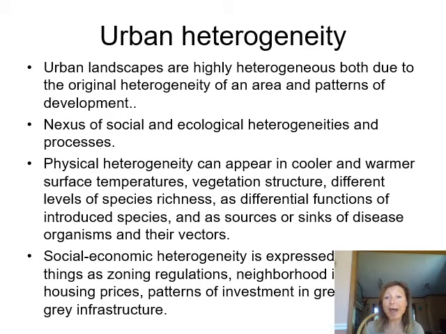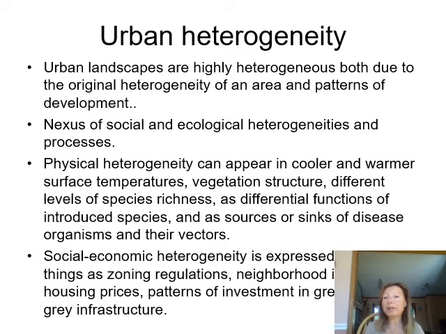Cities are truly the nexus of social and ecological heterogeneity and processes, and this is where physical heterogeneity can appear in cooler and warmer surface temperatures, in the vegetation structure, in different levels of species richness and different functions of introduced species, and as sources or sinks of disease organisms, for example, or the vectors of those organisms, or sinks and sources for different nutrients.